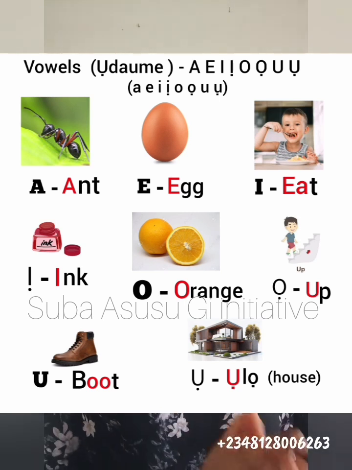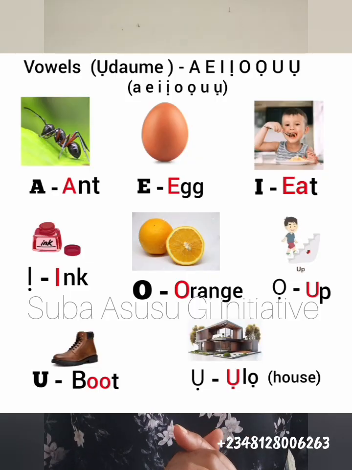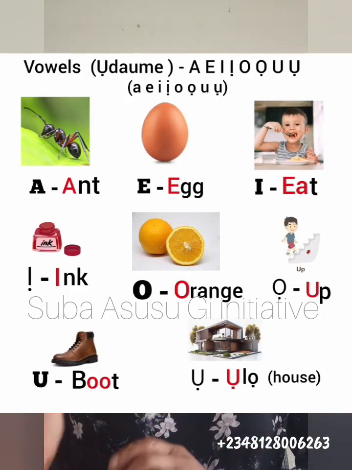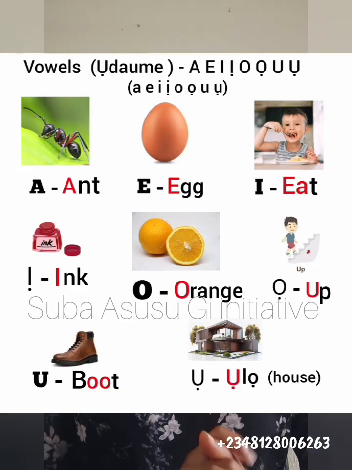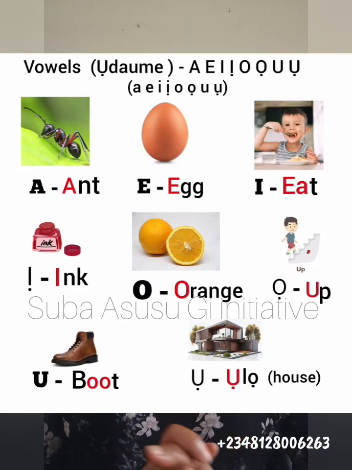Now let's run through the Igbo vowels again. You can look at the picture, but I'm going to just say them in their order. Are you ready? Let's say them together.